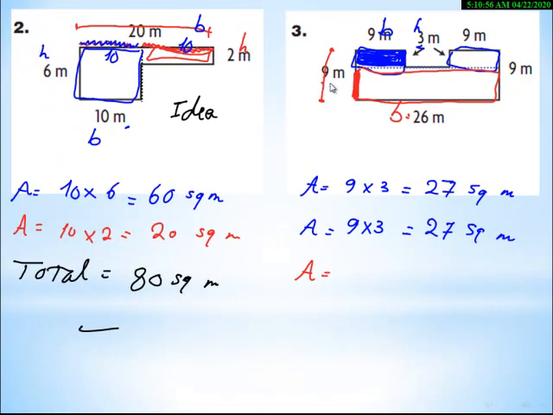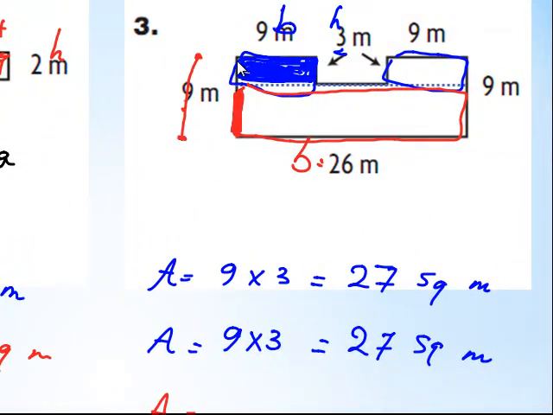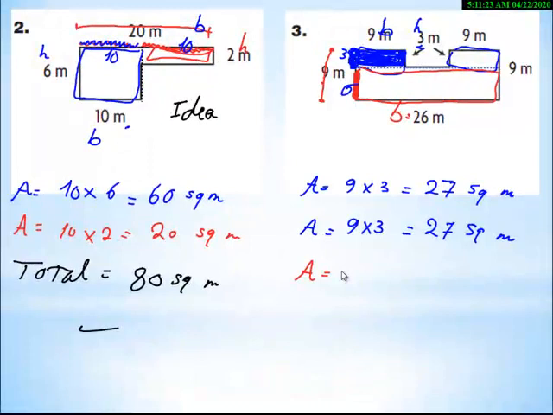And you should subtract from 9 the blue part. This blue part equals 3, according to the opposite side. So I'm going to subtract 9 minus 3 equals 6. Now I know its height.